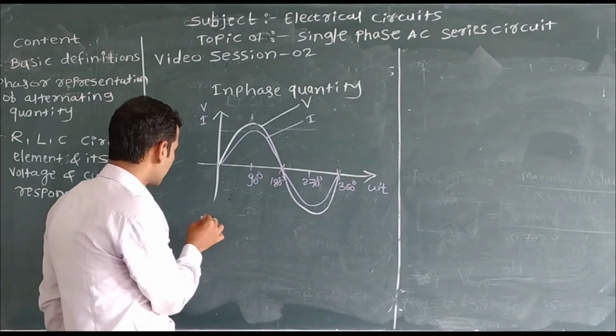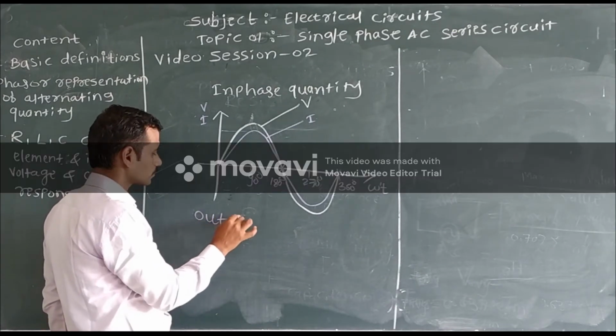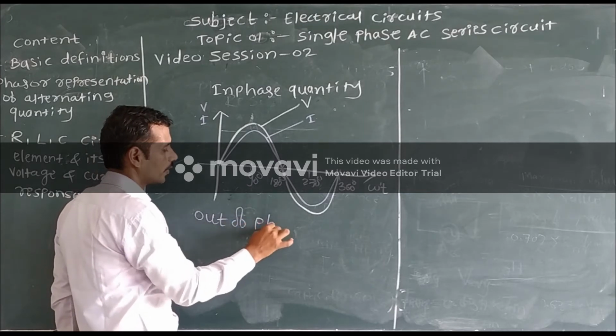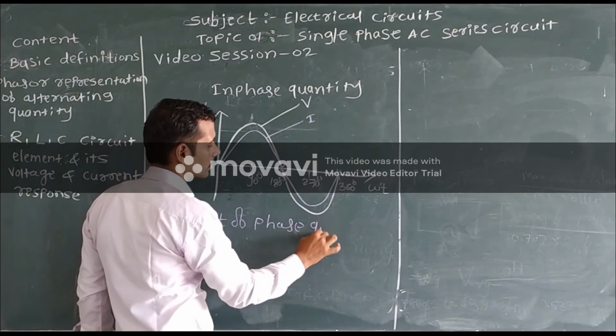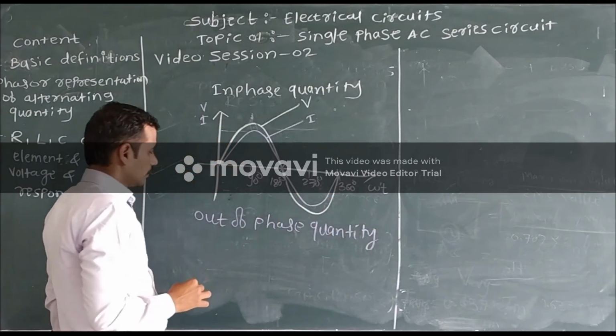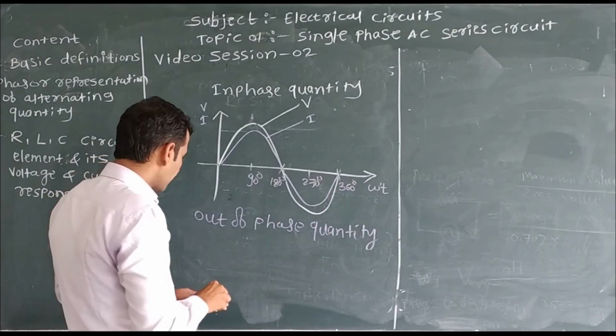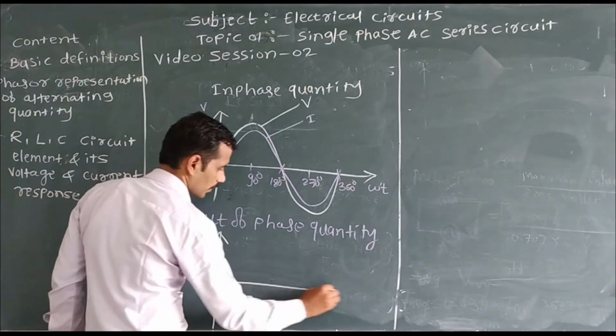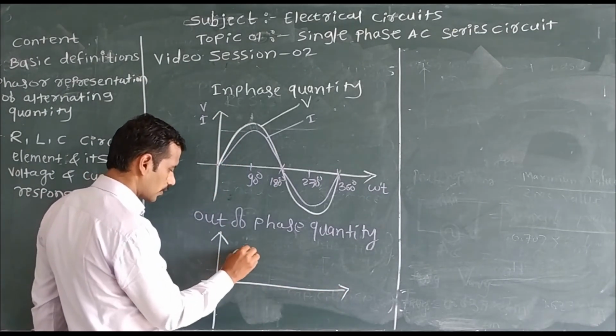Next, out of phase quantity. Here, first we will draw voltage.